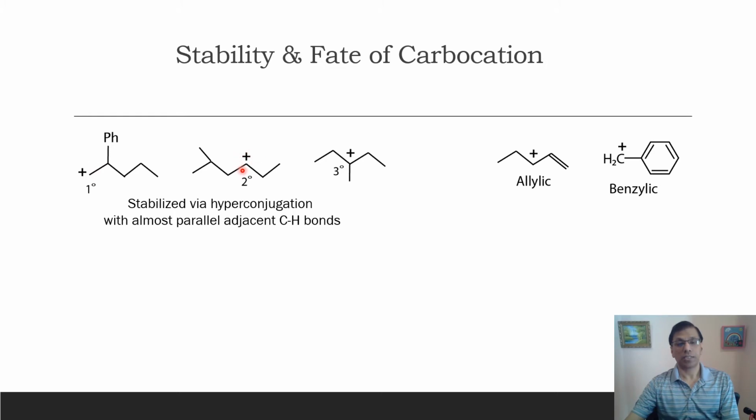In case of secondary carbocation, there are two CH bonds, one on this carbon atom and the other one on this carbon atom, that can overlap with the empty p orbital. In case of tertiary carbocation, you have three CH bonds that are near parallel. One on this carbon, the other one is on this carbon, and the third is on this carbon.